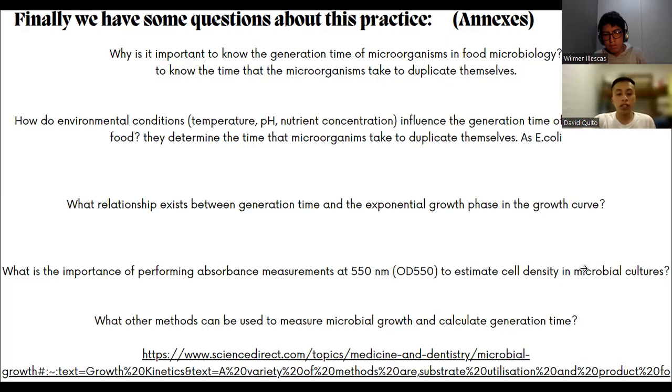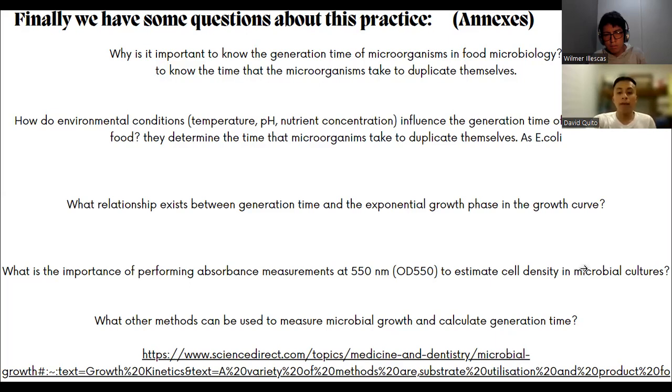And the last question is, what other methods can be used to measure microbial growth and calculate generation time? In this case, a variety of methods are available to predict cell growth by direct or indirect measurements, such as cell dry weight, cell optical density, cell turbidity, and cell respiration.